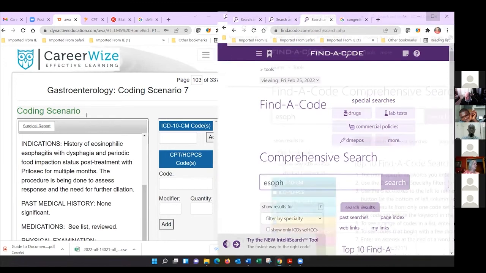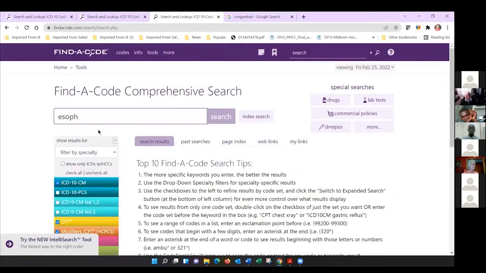Let's go over here and code our procedure. We ready? So I'm going to put the entire description of my procedure in here just to see what I come up with. Okay?